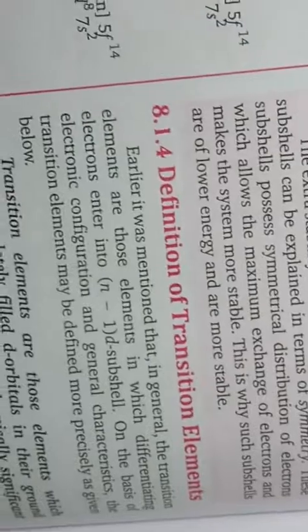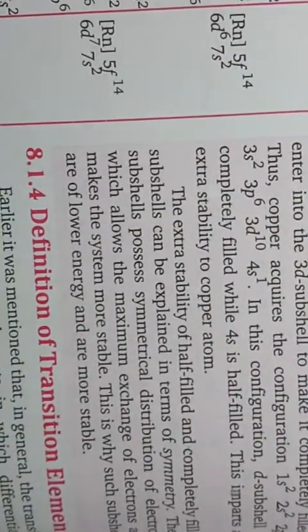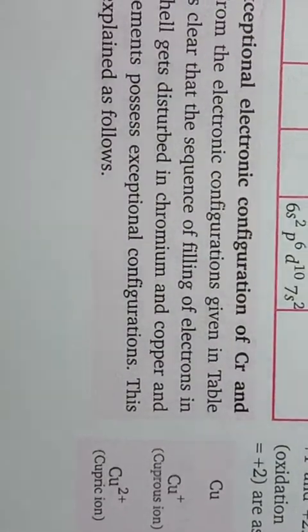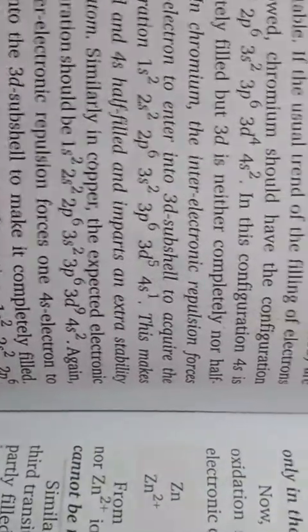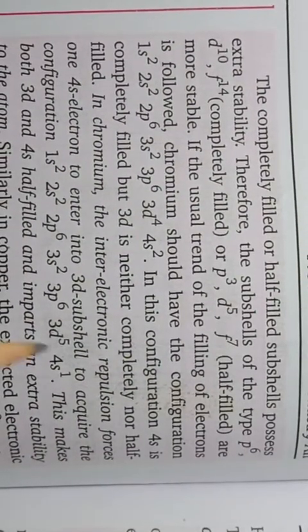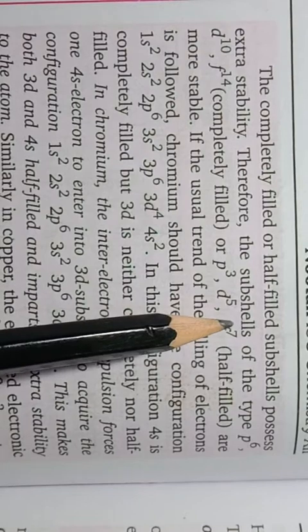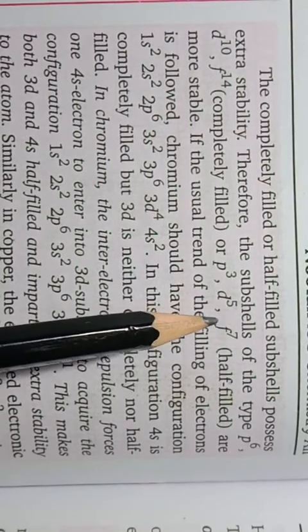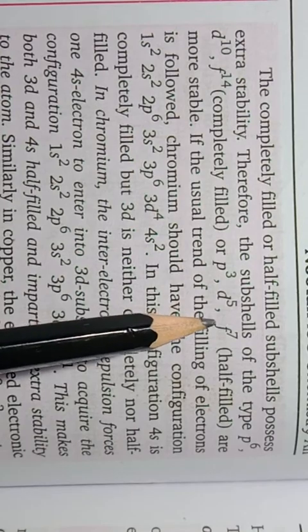Then why these copper and chromium are having exceptional configuration? As we all know that full-filled state of the electron in outermost shell or half-filled state of electrons in outermost shell, these two states are comparatively more stable.